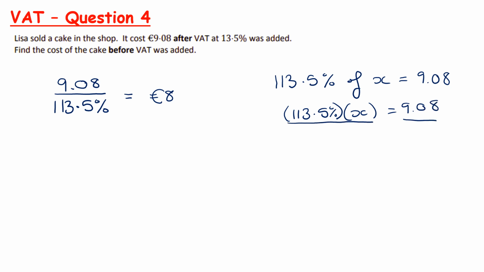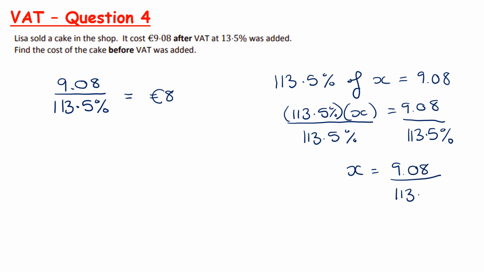But a simpler way to think about these is, if I wanted to get that 908, I would have multiplied by 113.5. So to work backwards, I divide by the 113.5%.